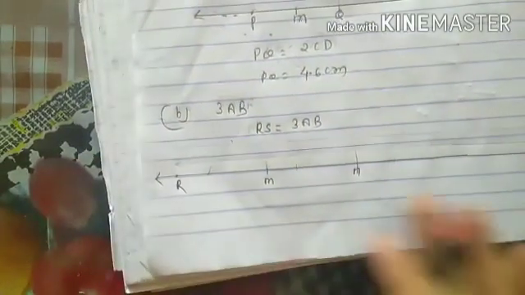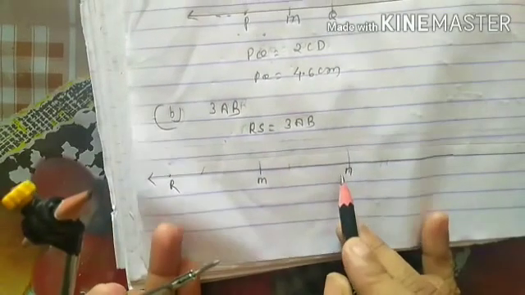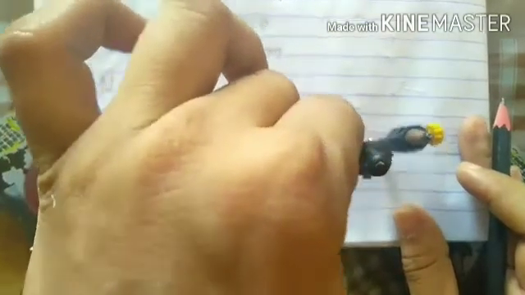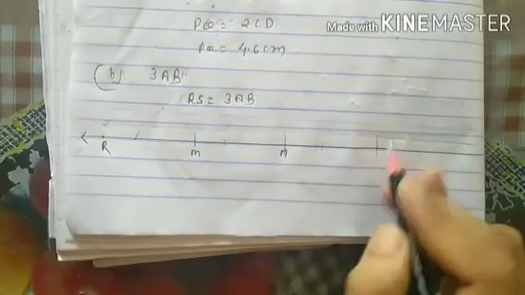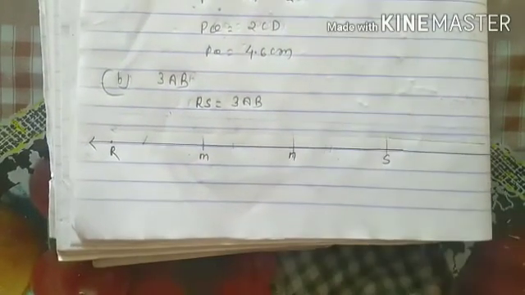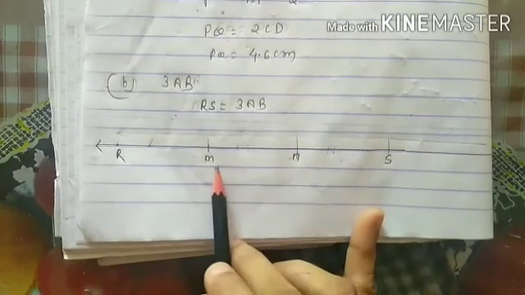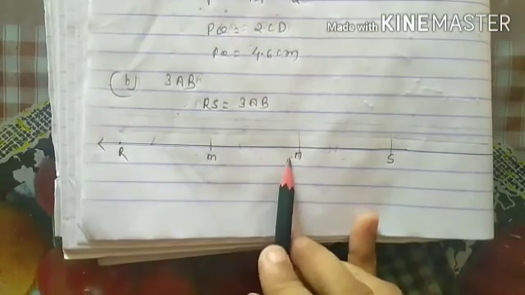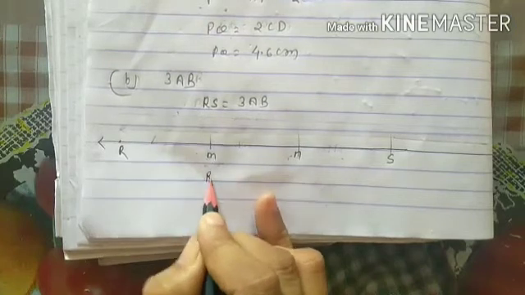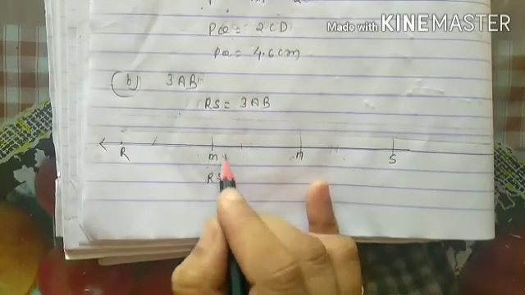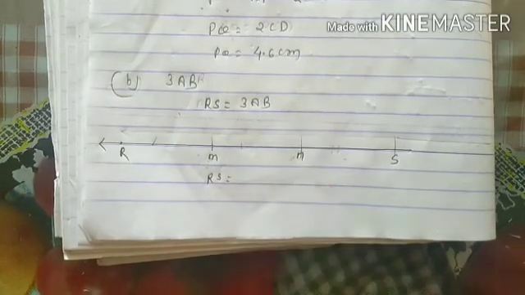You can give any other name also. So now take it to N and draw one more arc, meaning AB plus AB plus AB. Let us give it the name S. Here you can give any other name like E, F, whatever you want. So what is the measurement of this RS, AB plus AB plus AB?